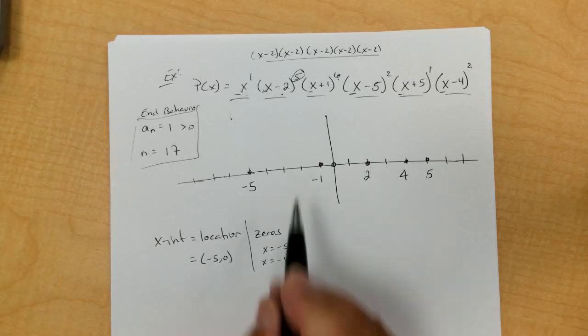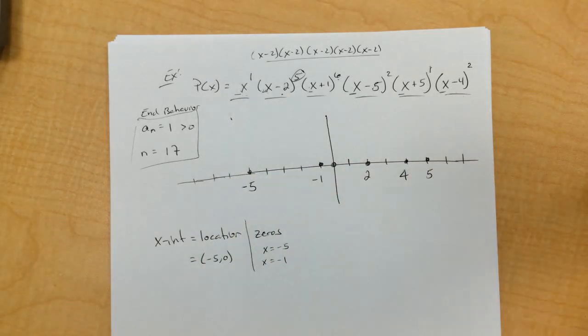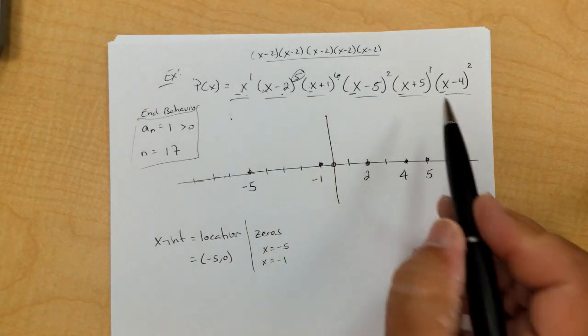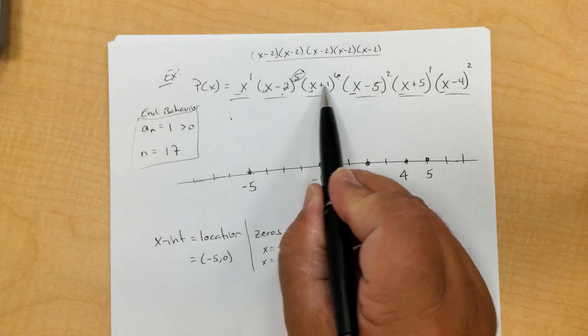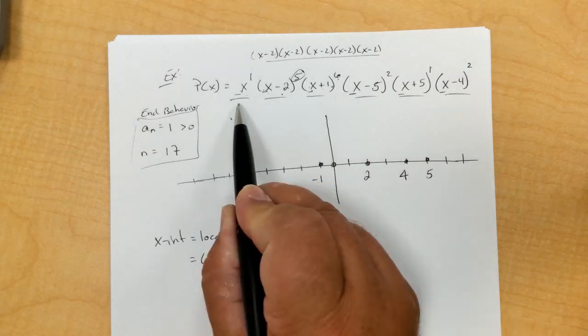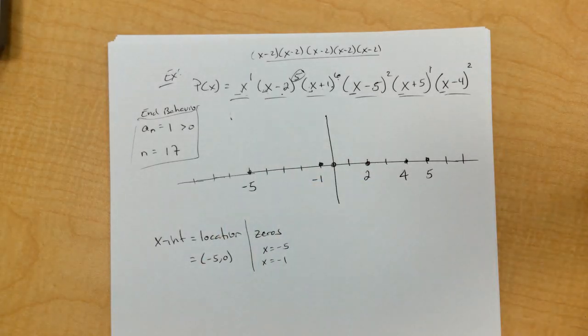If I put negative 1 inside of all of these, the answer will be 0, because negative 1 plus 1 is 0. 0 times anything is 0. So these are called zeros. These are called x-intercepts, or locations. Very good. So what do we know about the end behavior of this function?